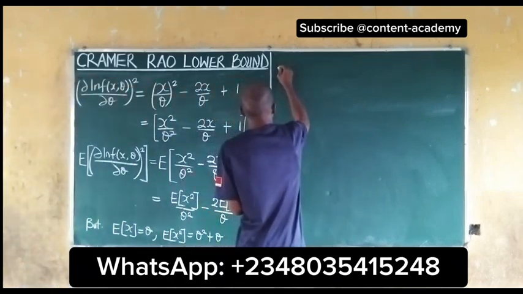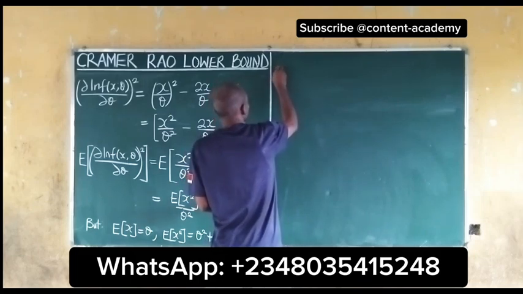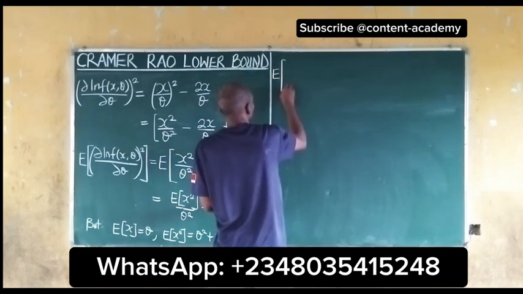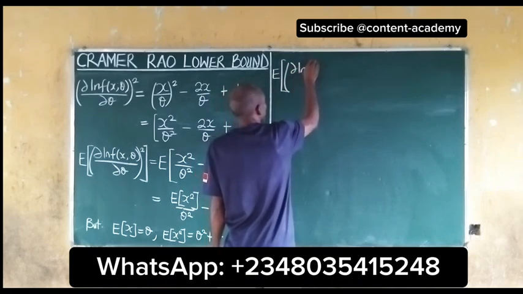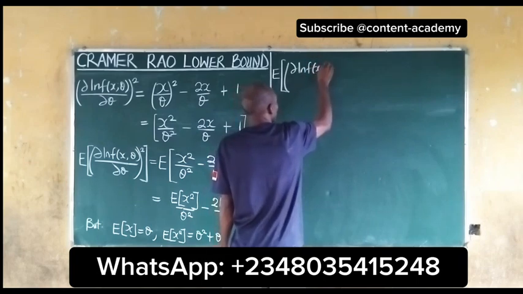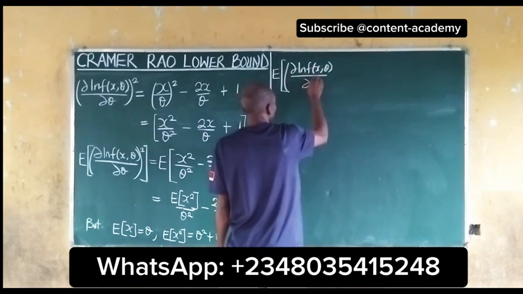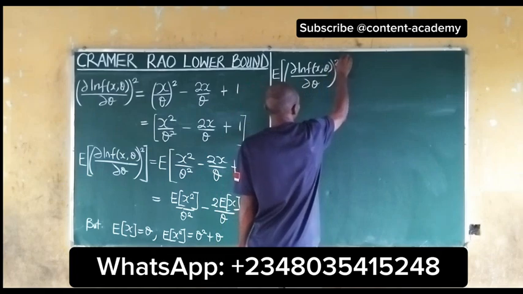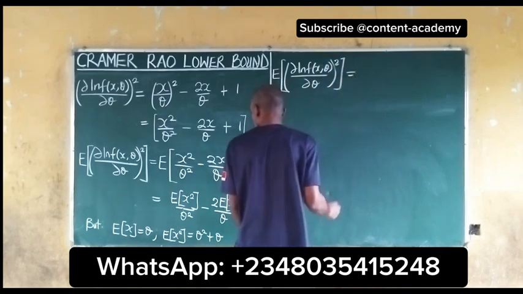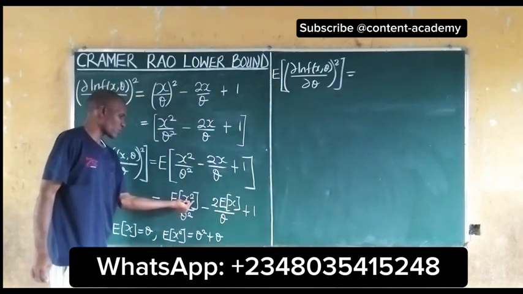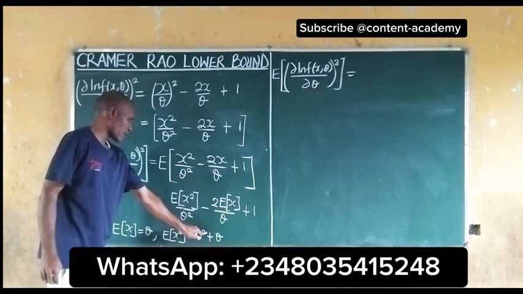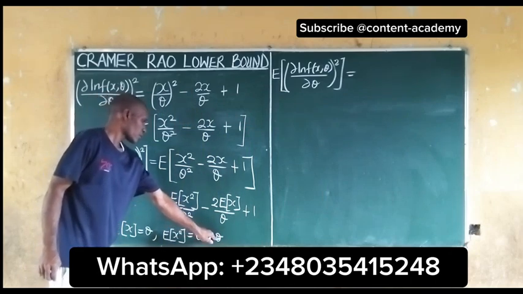Alright, so it then means that for the expectation of our given function f of x theta all over theta squared, whenever we see expectation of x squared, we put theta squared plus theta.